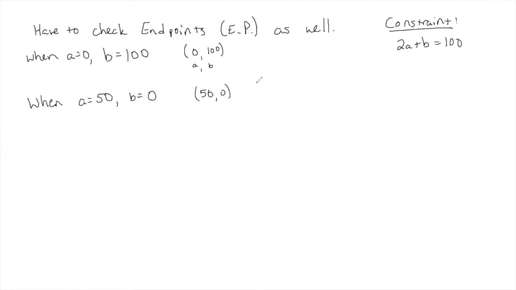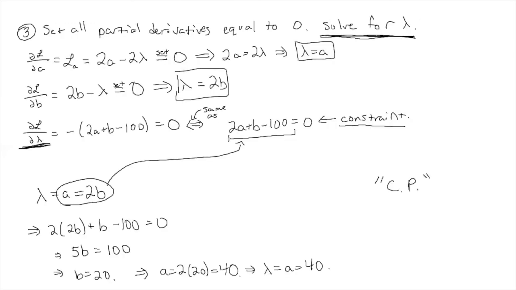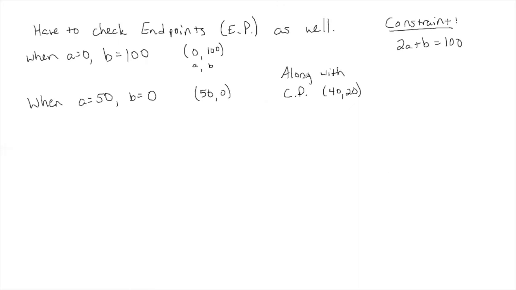Okay, so these are the points I have to check along with the critical point, (40, 20), right? b is equal to 20, a is equal to 40, right? Okay, so now we just have to find U of each of these things, right?